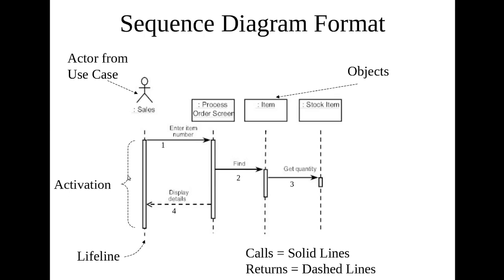Now here are two things: this is activation, that means this actor was active during this time period, and this thing will be called a lifeline, that it will remain live according to the time. Okay. So this was something about your sequence diagram.